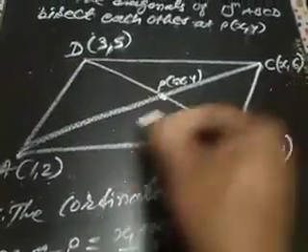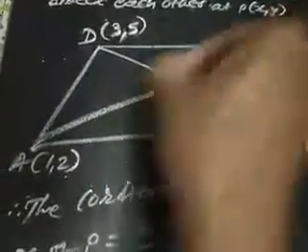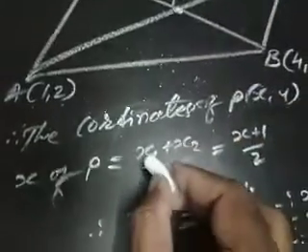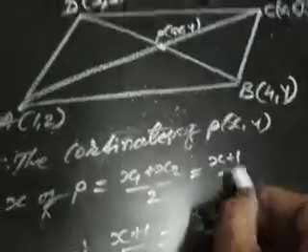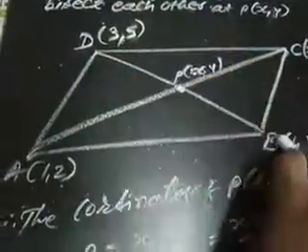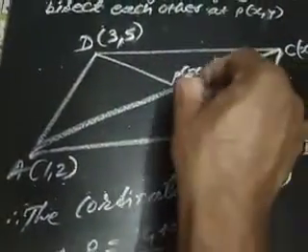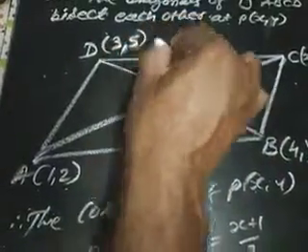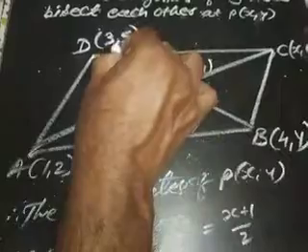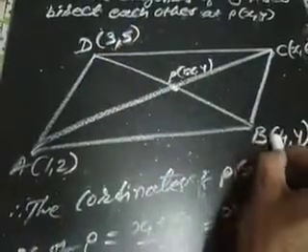Now for the other diagonal, because both diagonals bisect each other, it means the same point, so it is also (x1 plus x2) upon 2.